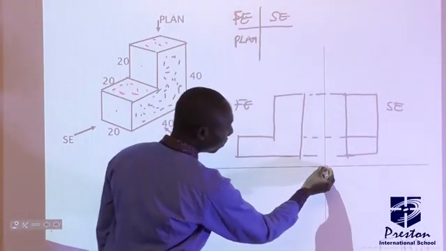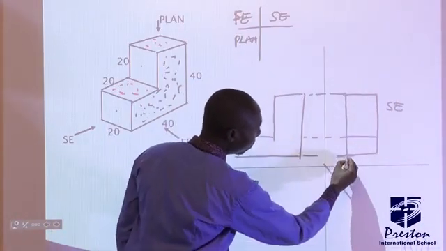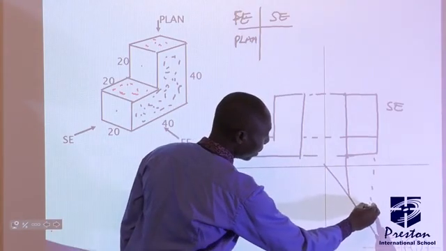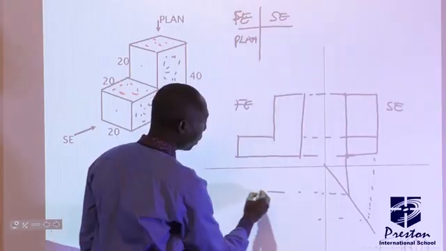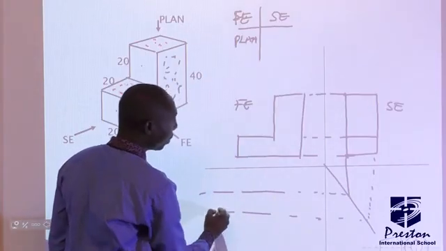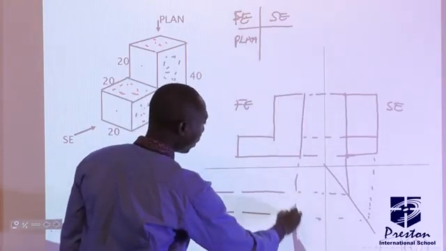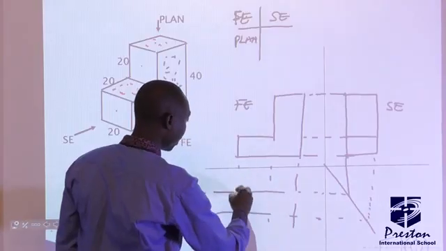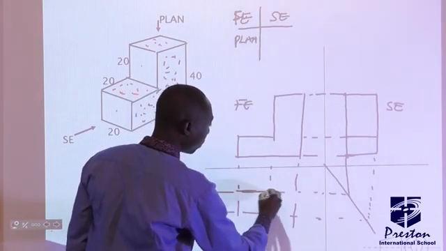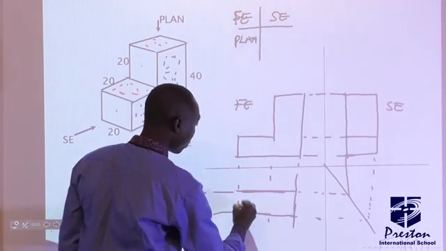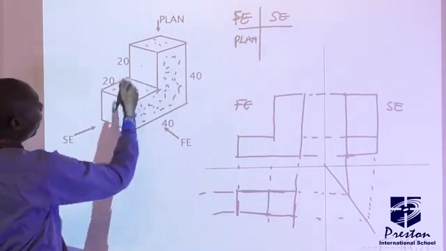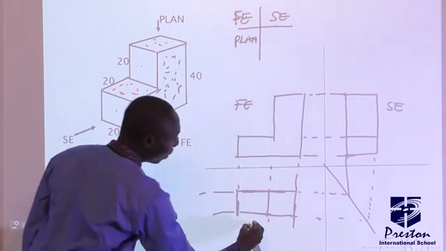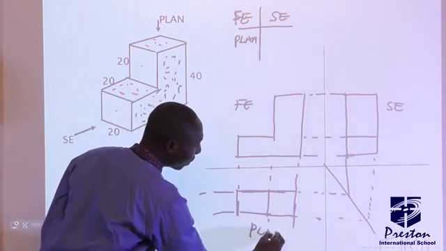At angle 45, you can project this one down, then project it to this side, then you project the top down. So this will give you the plan view of the top. The plan view, this part and this part, will be here. So we have our plan.